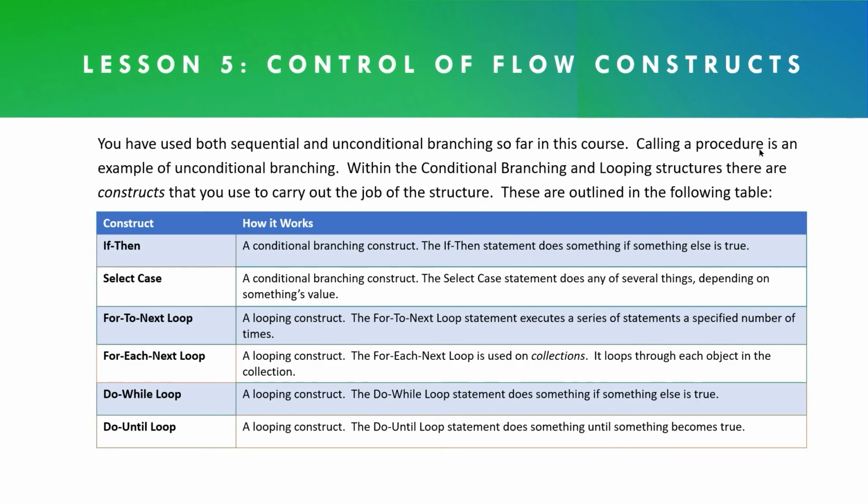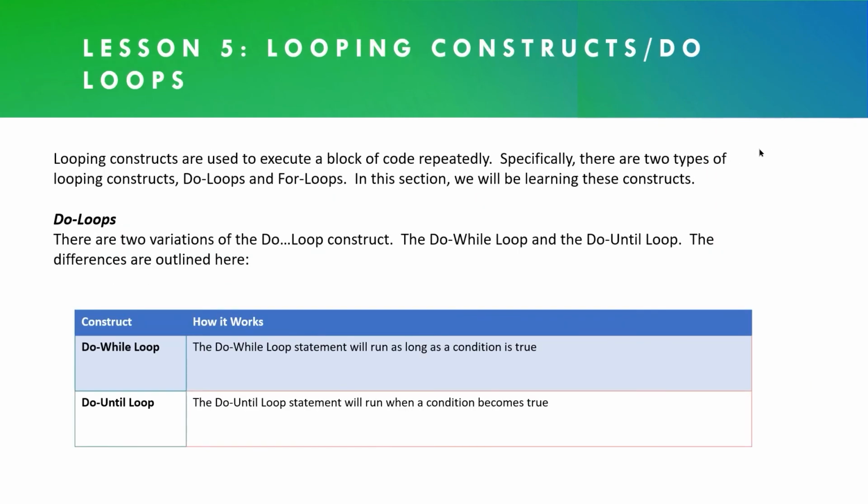We have a for each next loop, which is used on collections, and it loops through each object in the collection. And then you have your do while and do until loops. The do while loop statement does something if something else is true, and the do until loop will do something until something becomes true. We're going to get started with our do loops.